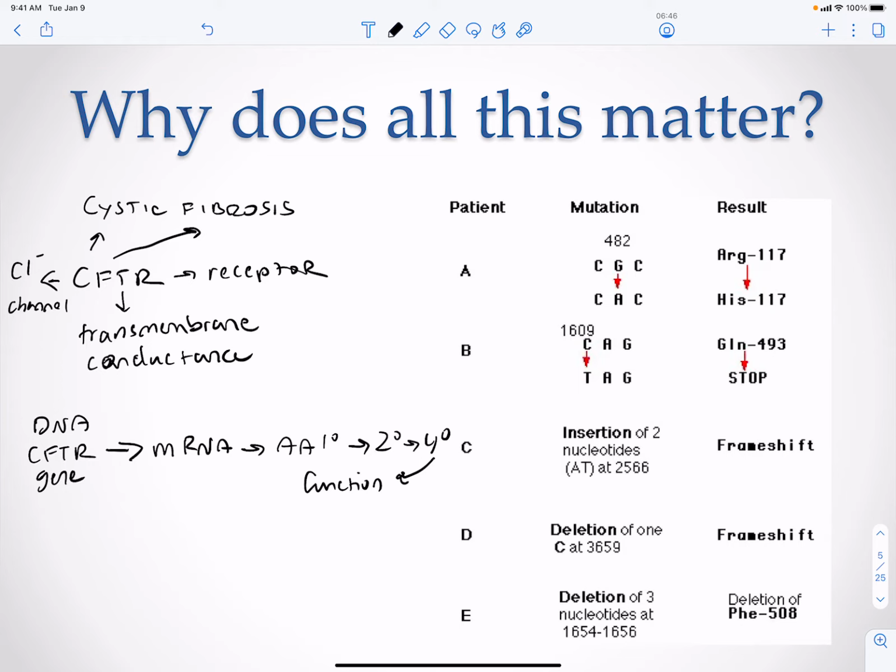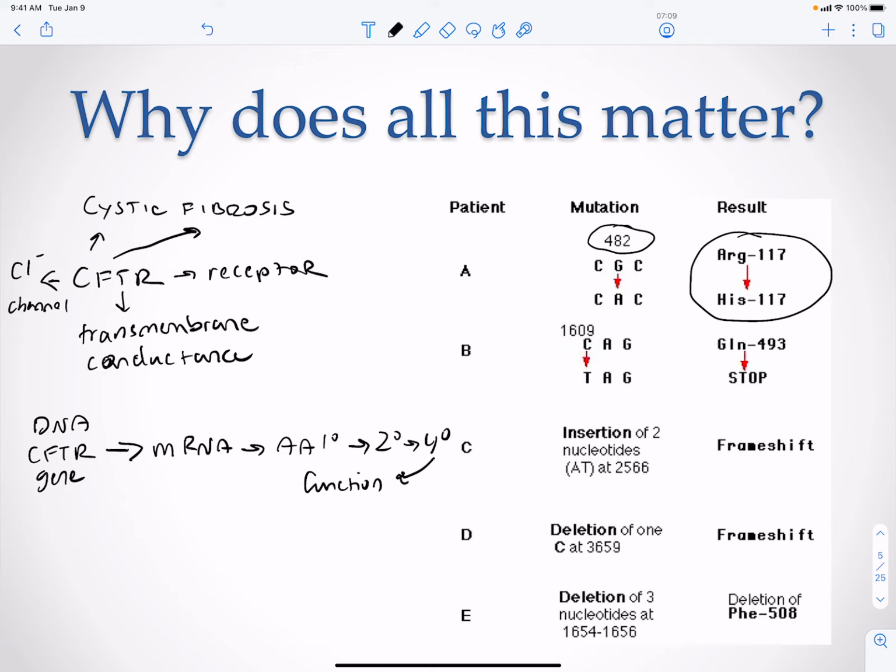The mutation for patient A, for example, is at position 482 on the gene, where a guanine converts to an adenine. And so this is going to change that amino acid when you translate into a protein, from an arginine to a histidine.